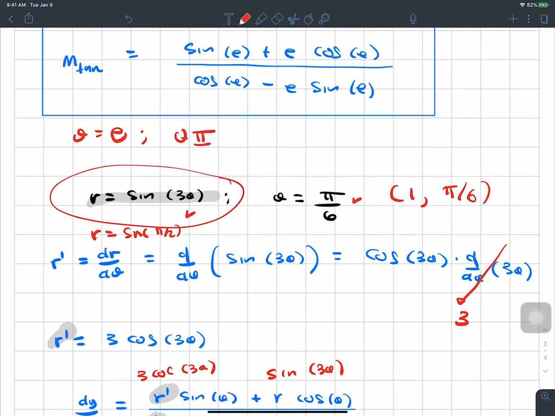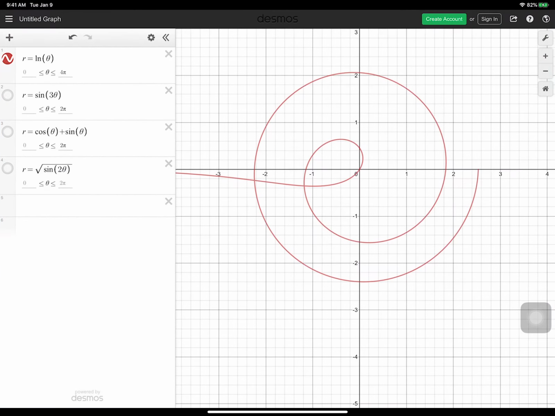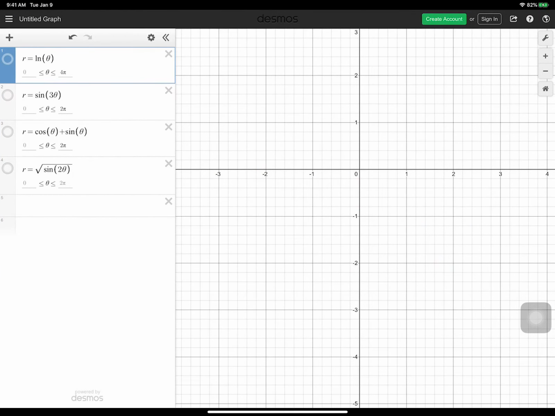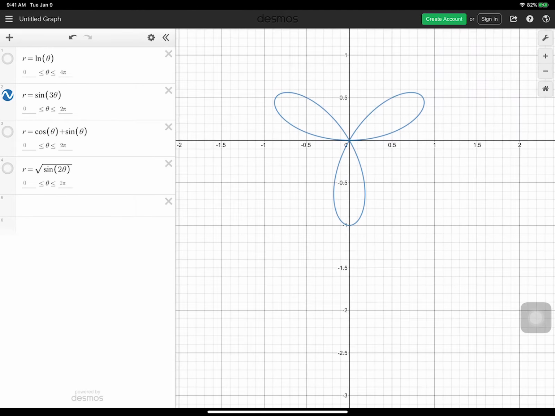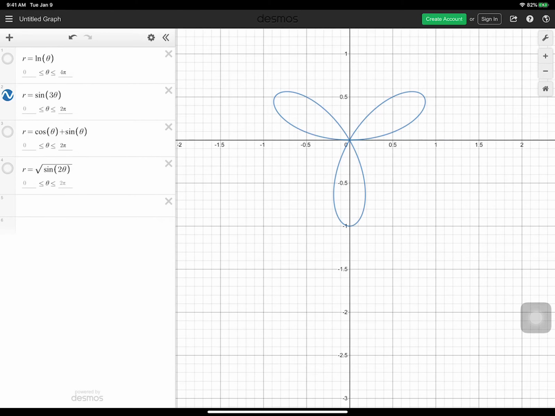This is r equals sine 3 theta. That's the polar representation. And if I go back to our graph here, I already have it for us, so you guys know. It's right here in blue. Remember, pi over 6 is 30 degrees here.